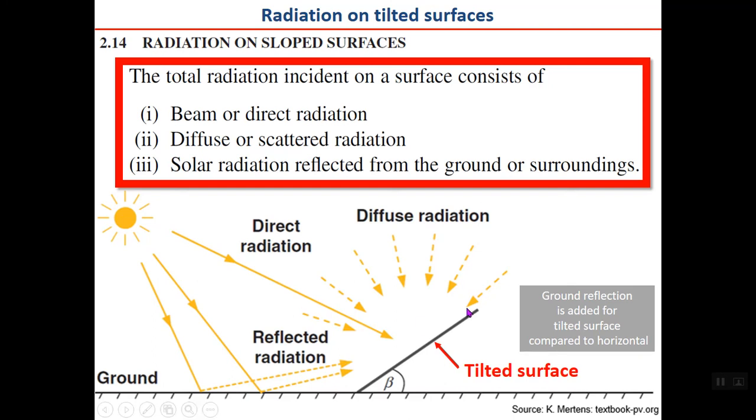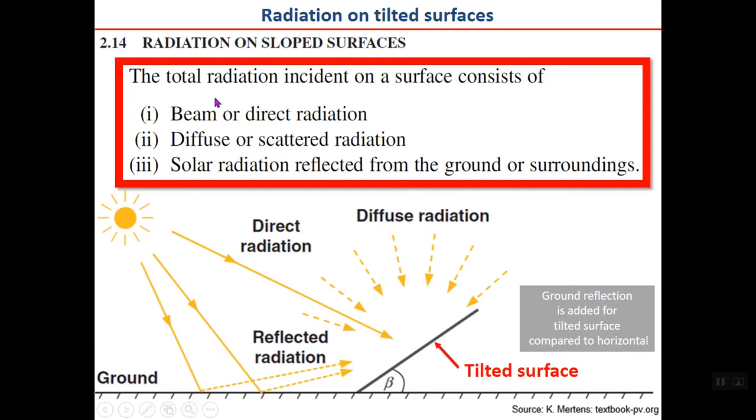Okay, when you have a tilted surface, a sloped surface like the one you can see here, in addition to the diffuse and direct radiation, a third is also added, which is the reflected radiation. And as you can see here, ground reflection is added for a tilted surface compared to the horizontal surface.